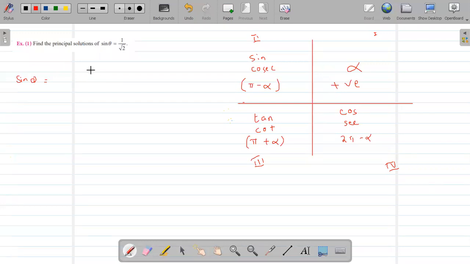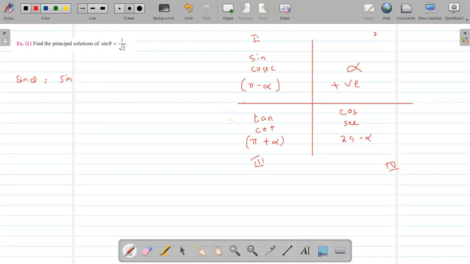If you do not know the ratio table, look at it on the internet or anywhere else. At what angle will 1 upon root 2 come in the case of sine? It's 45. So sine 45.